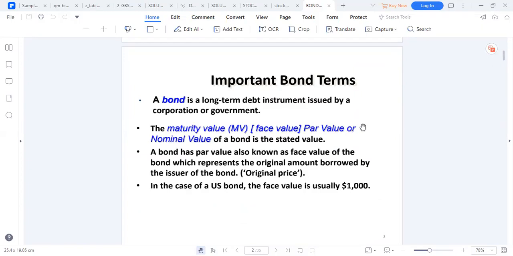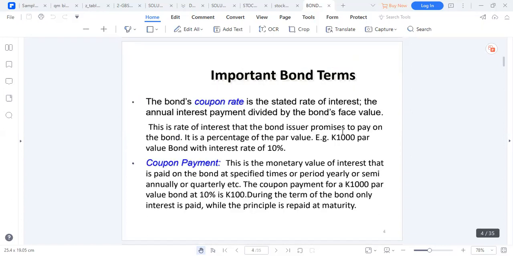We have a par value, usually 1,000 or 100, otherwise stated, which the one who's issuing the bond decides to sell it for. In this context, the person issuing a bond is actually the one borrowing.